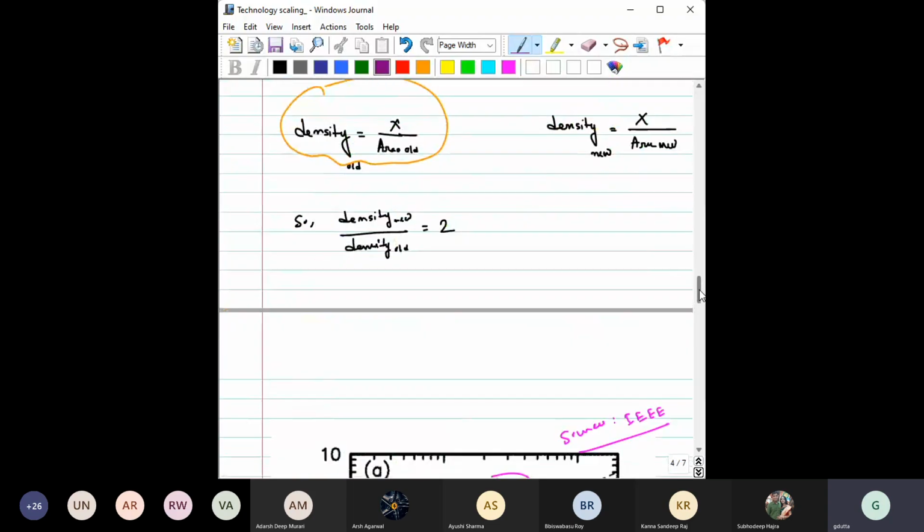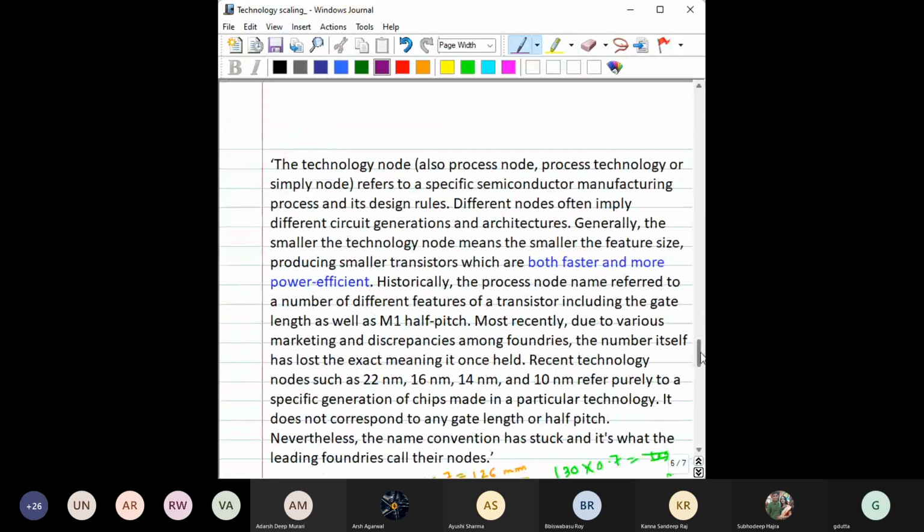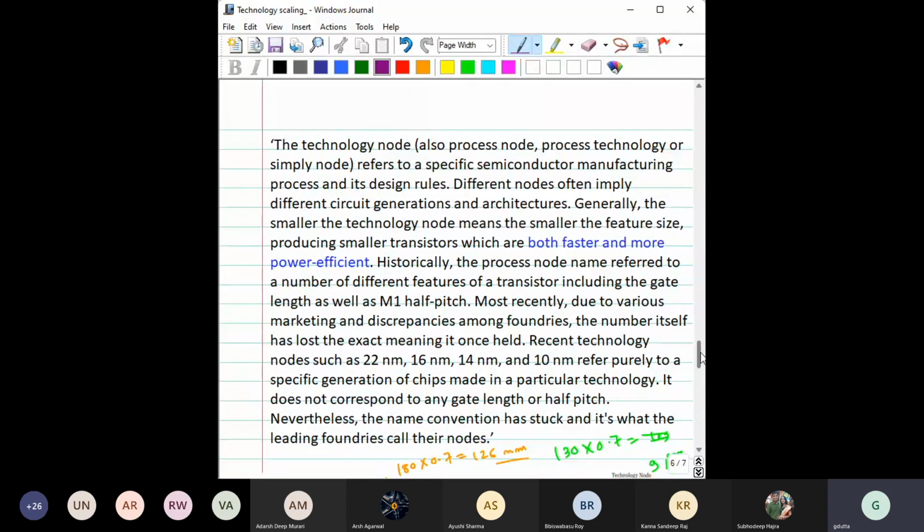Then let us come to the different technology nodes. So technology nodes means what? I think you have heard it quite enough, right?